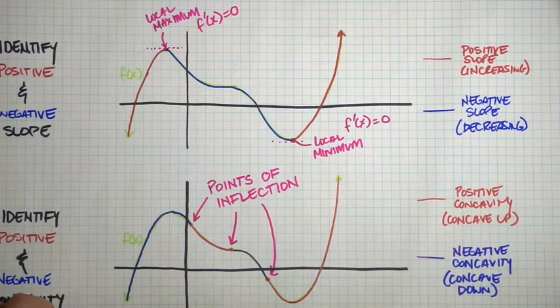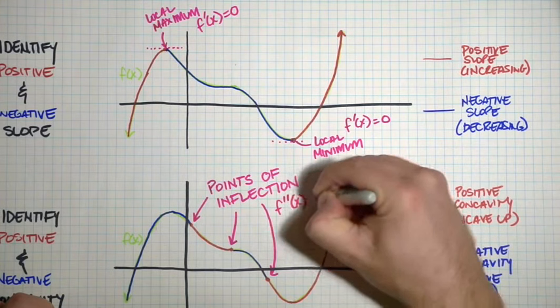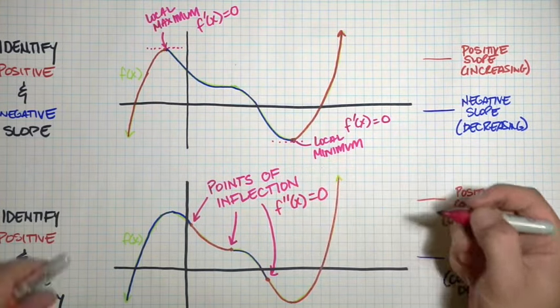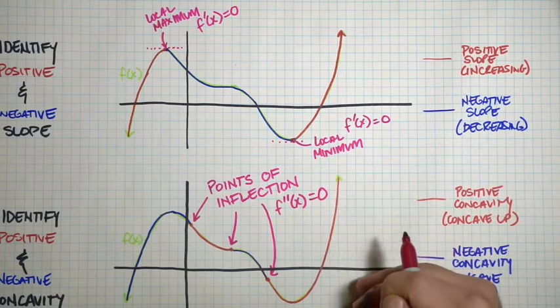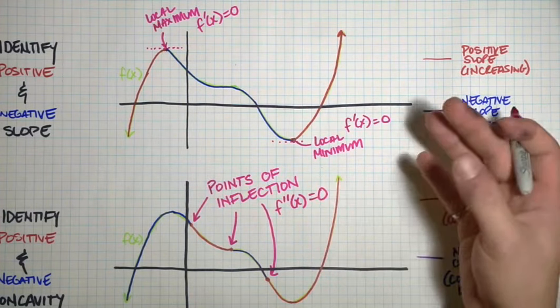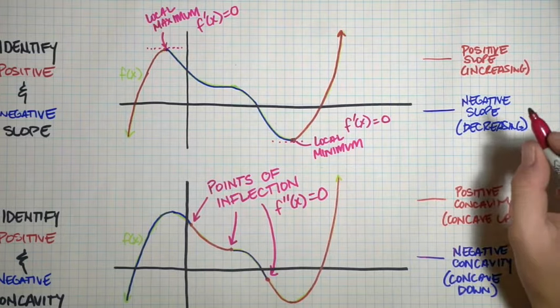Well, carrying on, it's where the second derivative is equal to 0. So if we take the second derivative of a function, set that to 0, and solve for x, we can find where these points are. That becomes very handy when we're trying to sketch the graph of a complicated polynomial or other sort of function. And it also has some applications in physics, which we're going to get to in the course.